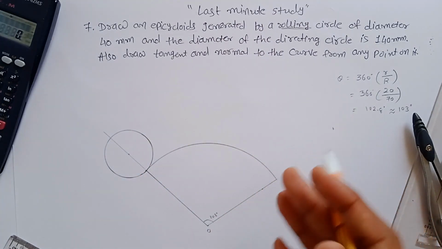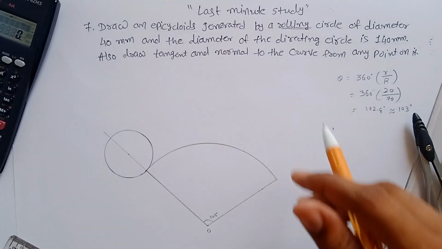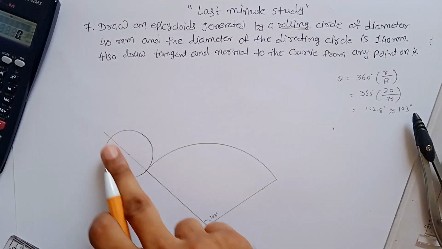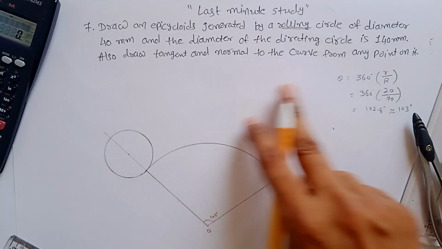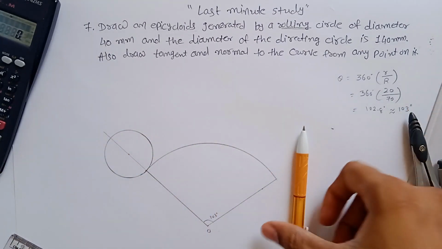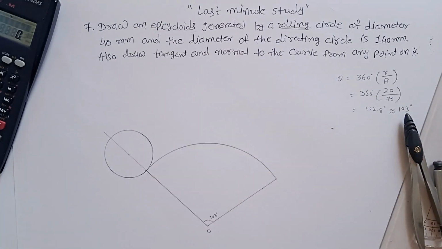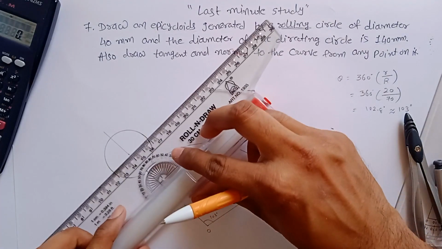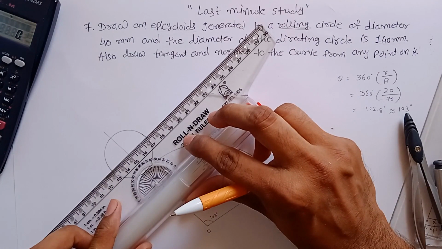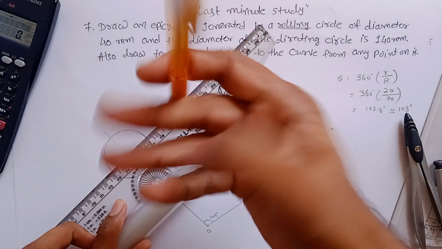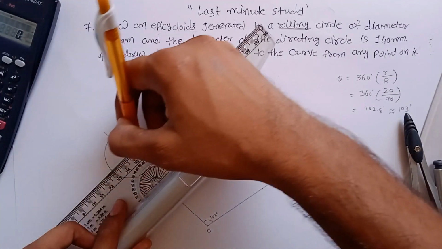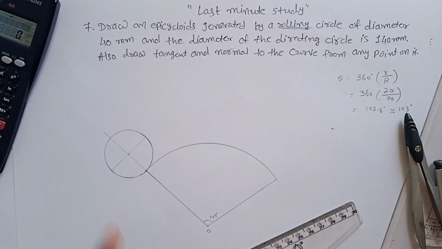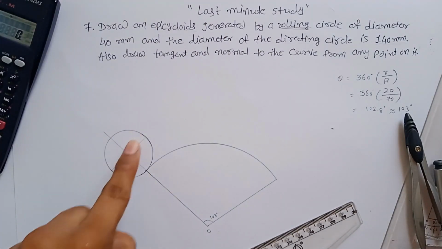Now, same as we discussed in cycloid, you have to divide this into 12 equal parts. To divide it into 12 equal parts, you first have to draw 2 lines which are perpendicular to each other. This is the first line and this is the second line.